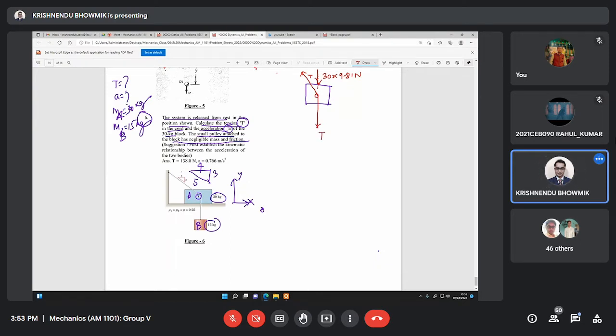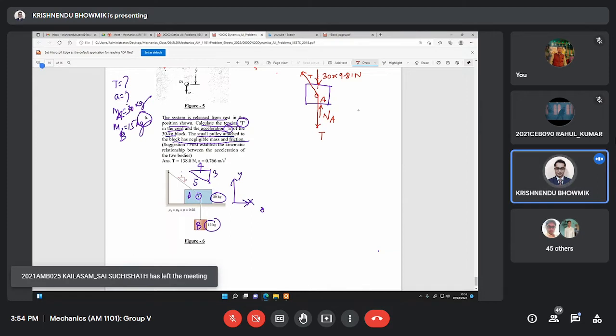This is A. So there will be some reaction force here, so it is NA. Then friction will act in which direction? Right.